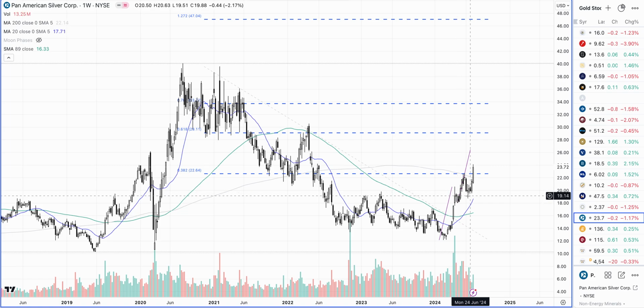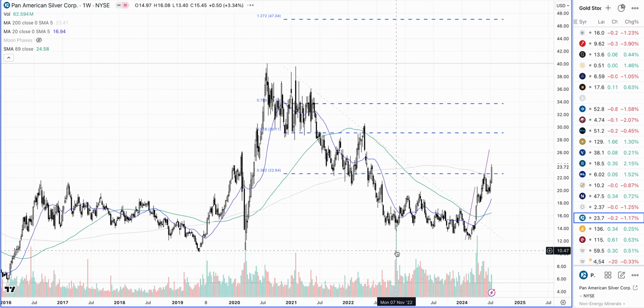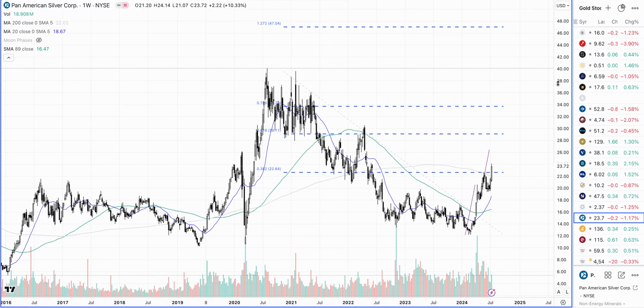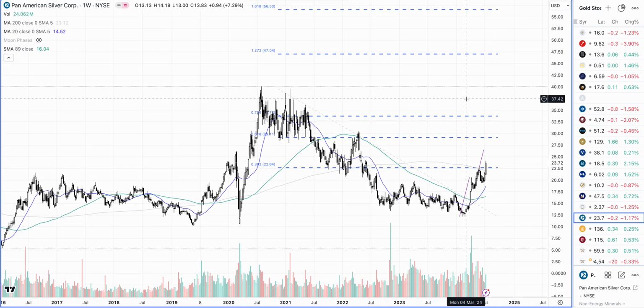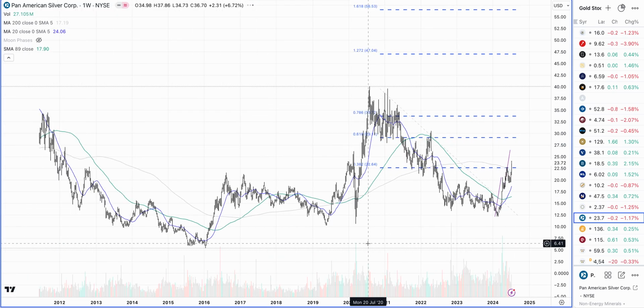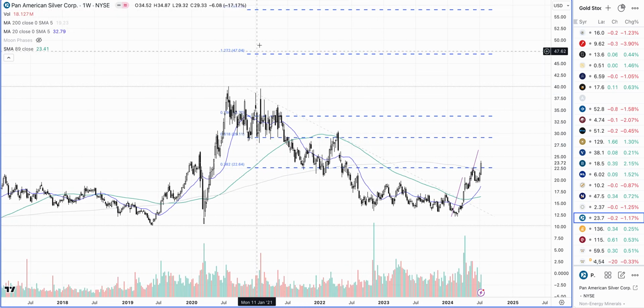Here it consolidated for a few weeks around here. And the ABCD comes around 26.38, with the $29 being the 61.8% retracement. The chances are it wants to go and test this. But in fact, there could be a much bigger move, just not this ABCD. The reason is that this entire move could be kind of a bull flag formation.